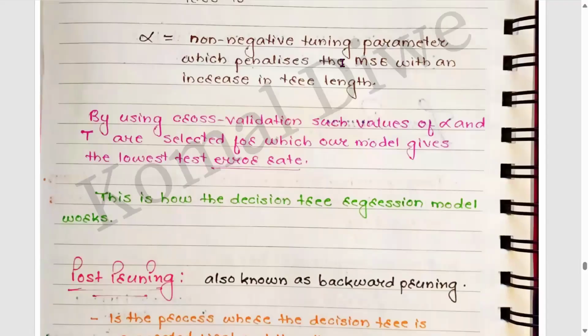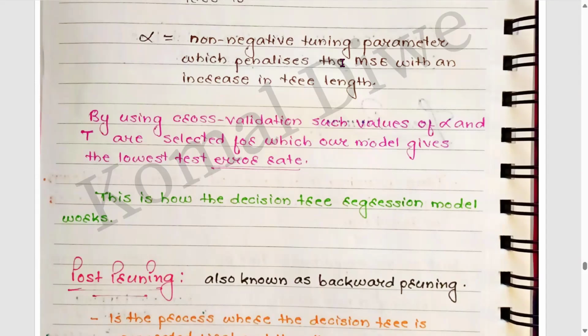By using cross validation, such values of alpha and T are selected for which our model gives the lowest test error rate.